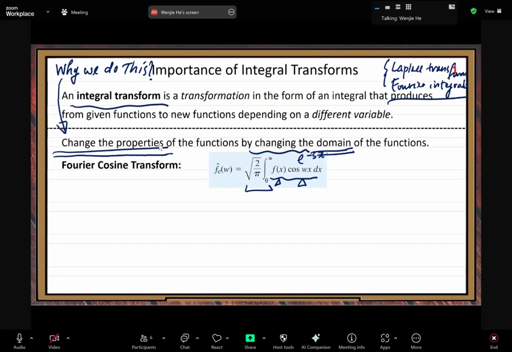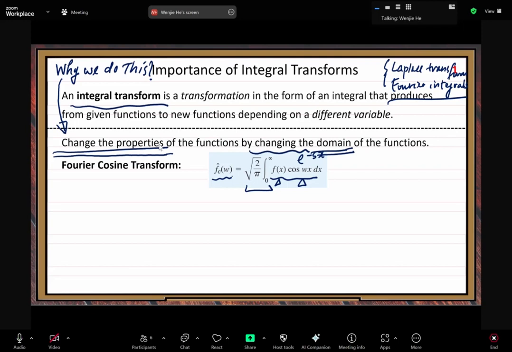And here you just use a different function. You replace the e function by the cosine function. So you get a Fourier cosine transform. After the transform, your function is a completely new function. So we use f c, cosine, with a hat on top, a hat function.